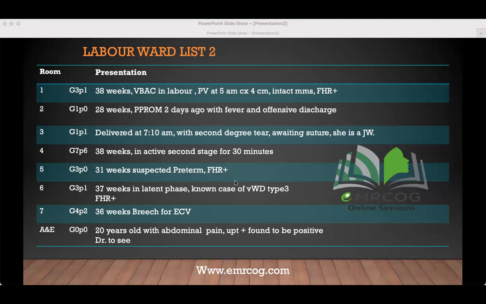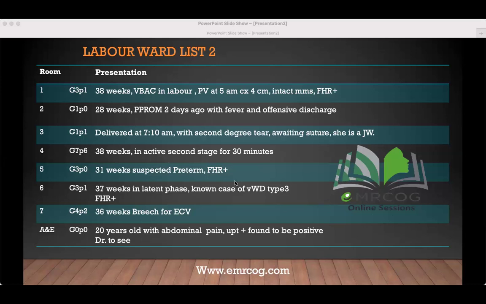This is a non-urgent or routine case. Before external cephalic version, consent will be taken and also CTG will be done. And after doing the external cephalic version, we again arrange the CTG, and here consent will be taken for the need for emergency cesarean section if any concern of the fetal heart rate or placenta.